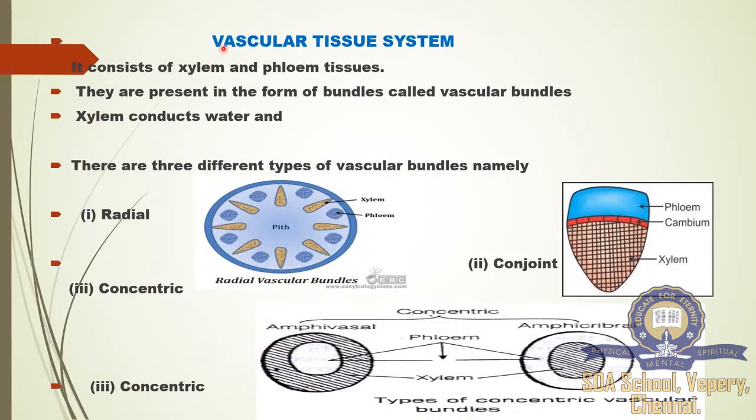Our next tissue system is the vascular tissue system. It consists of xylem and phloem tissues. You already know xylem and phloem help to transfer food and minerals to the plants. They are present in the form of bundles called vascular bundles. Xylem conducts water.